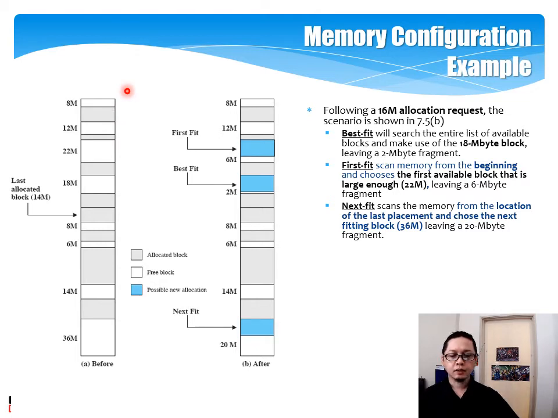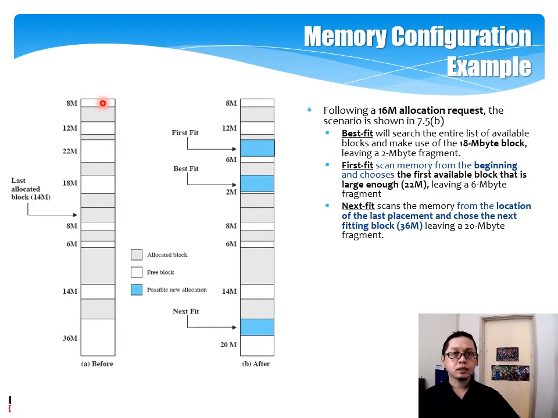So let's say we are using first fit. First fit, as the name describes, will scan the entire block of memory, and the first one that it can fit into, it will actually go there. First of all, it scans this one.